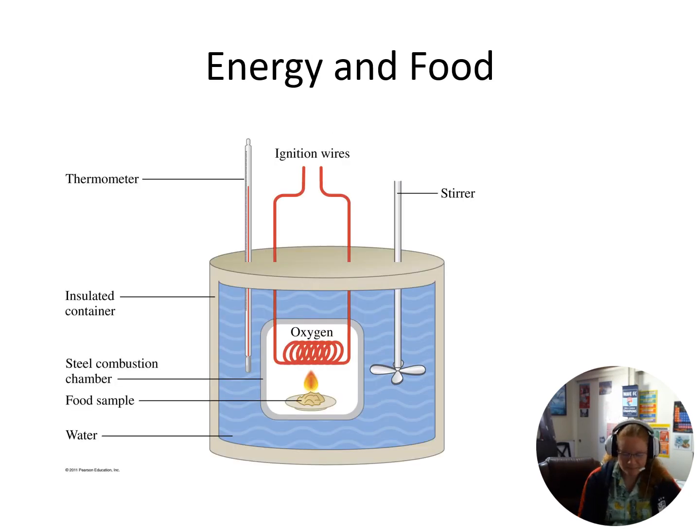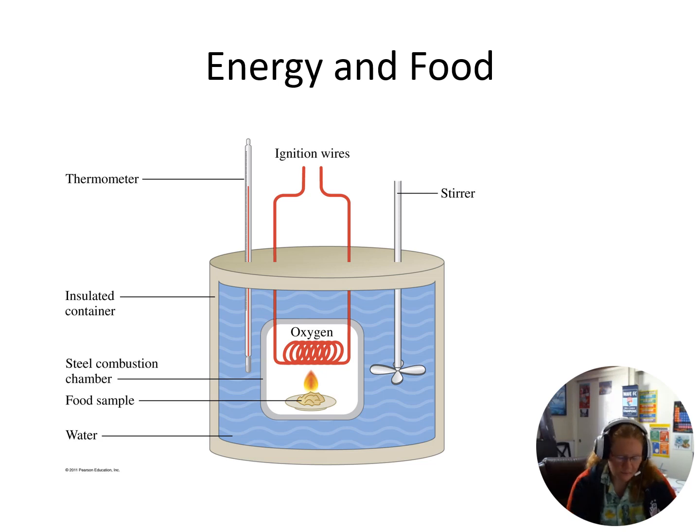Okay. When we look at food, we can actually figure out the caloric value of food by doing something called calorimetry. All right, and so calorimetry lets us look at that energy there. And so we're able then to decide, okay, how many calories are in our food?